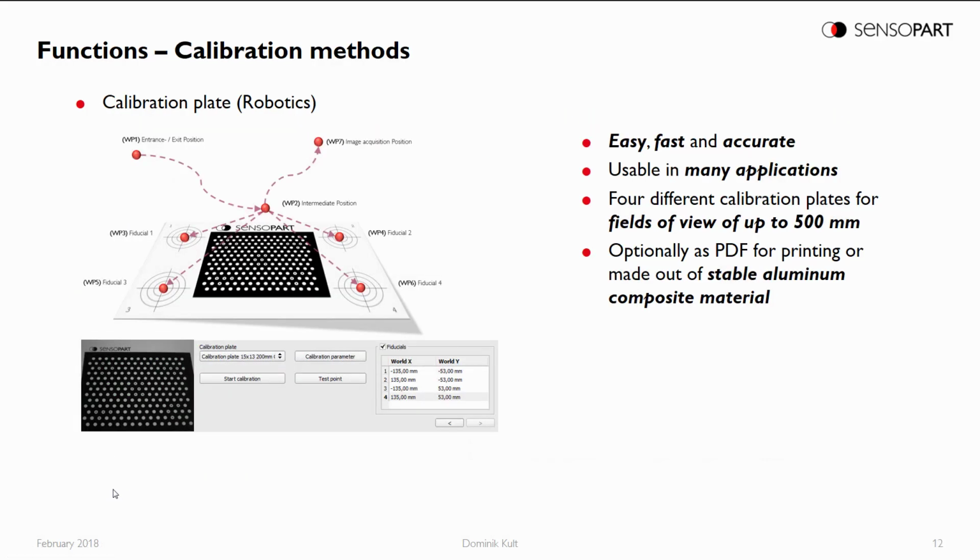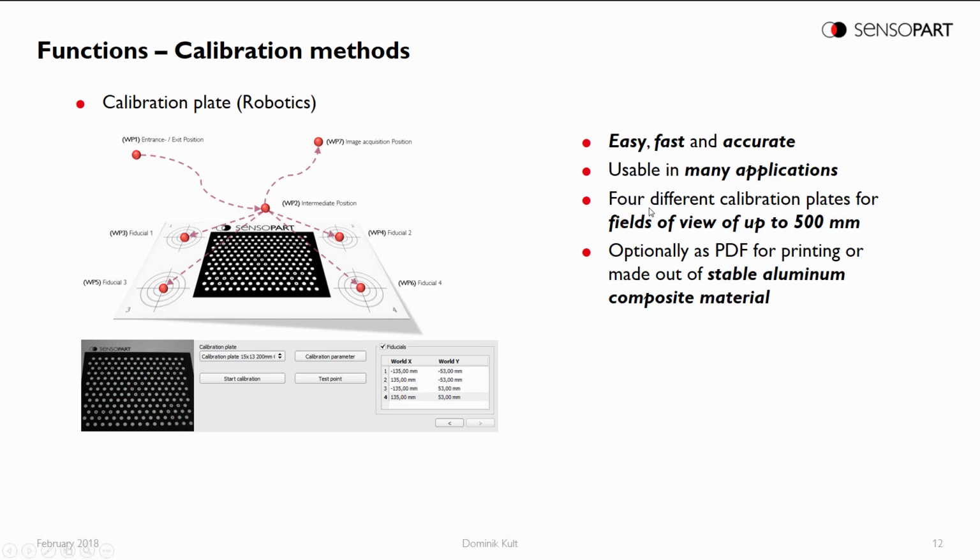In detail, we have two calibration methods. The first method is the calibration plate robotic. This is an easy, fast and accurate calibration method for the VISOR. This method is usable in many applications. I would say that calibrating with a defined calibration pattern is the standard way to calibrate.